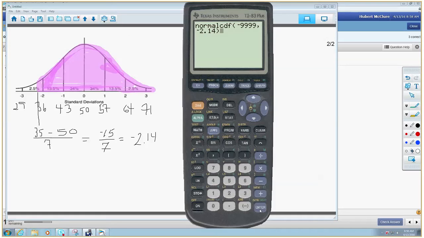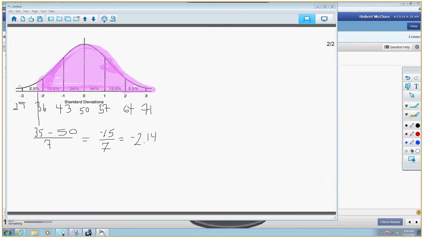And that's 0.0162. So that's this right here. Now subtract that from 1. Somebody tell me what you get. 0.9838. Now let's check it with the handy dandy calculator.